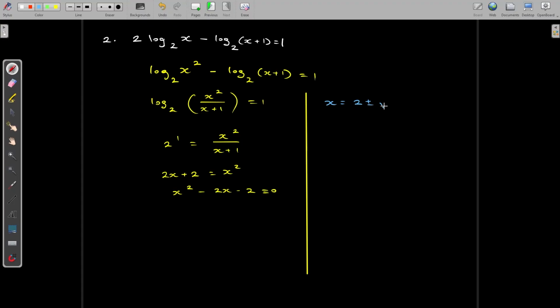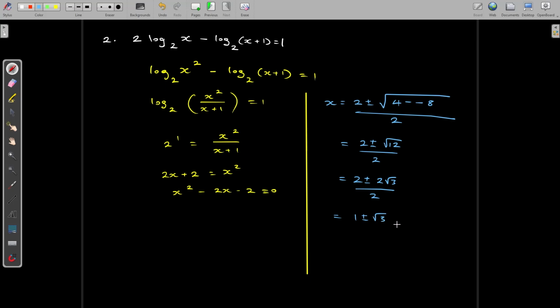So this is 2 plus or minus the square root of b squared, so that's 4 minus negative 8. So 1 plus root 3 would be the only valid answer.